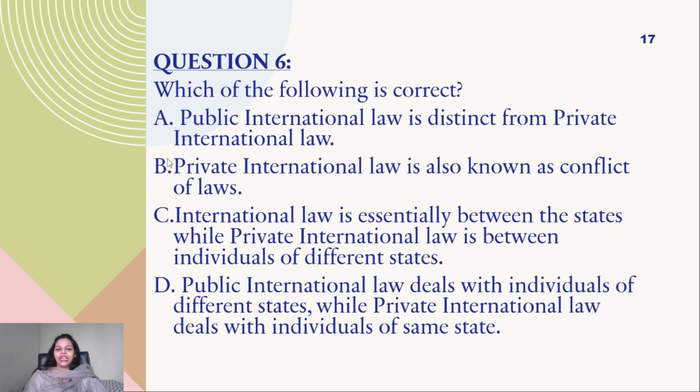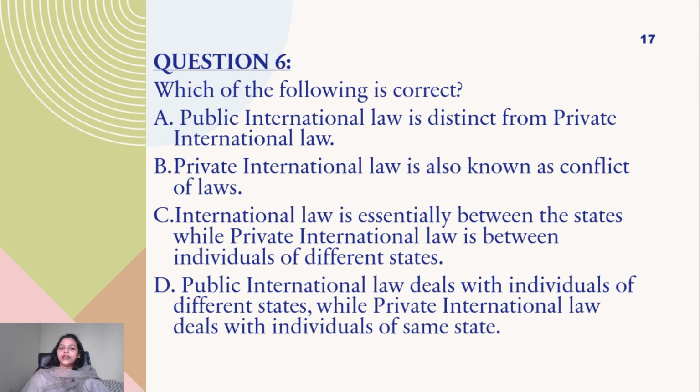So A, B, and C are correct, and D is wrong, right? So I think this question is misworded. It should have been which of the following is incorrect. So D is incorrect, and that is why D is the answer. All three statements, A, B, and C, are correct.